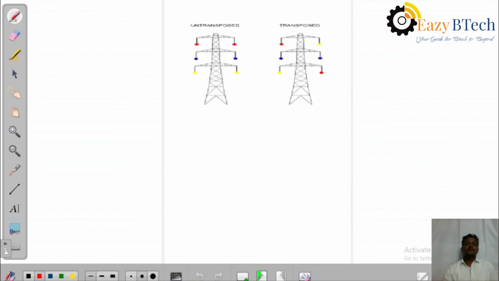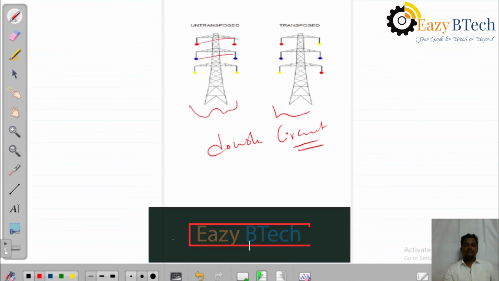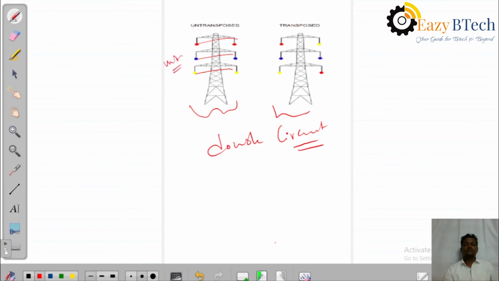This is the transposition of a double circuit. Up to now we discussed single circuit. In the next videos we will discuss double circuit. Assume that both the conductors are at the same cross arm, then it is untransposed. There is no change in position.